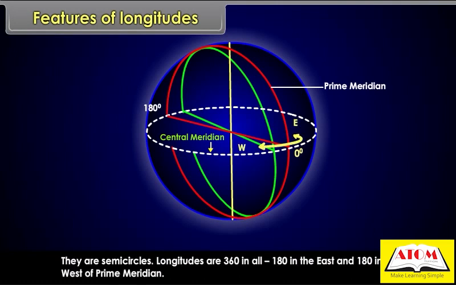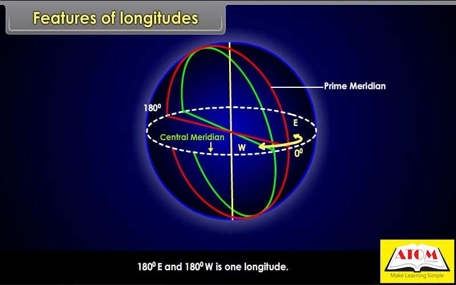They are semicircles. Longitudes are 360 in all, 180 in the east and 180 in the west of the prime meridian. 180 degrees east and 180 degrees west is one longitude.